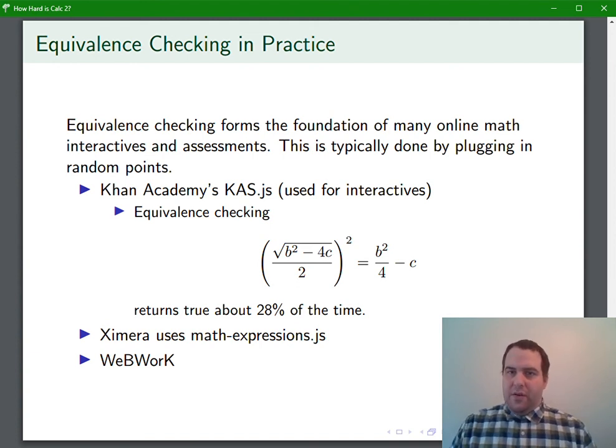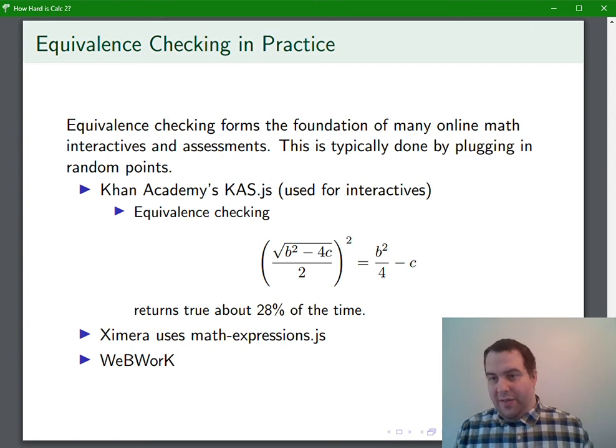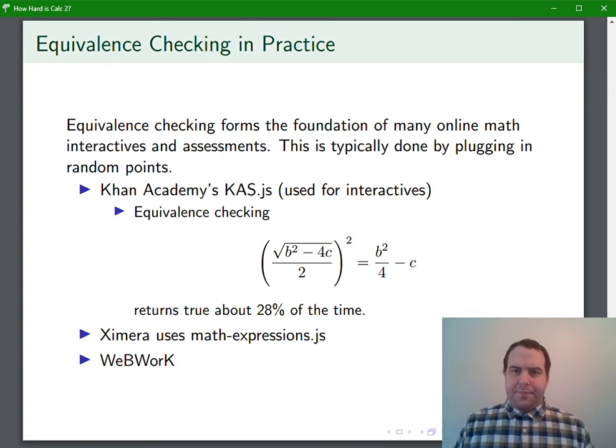Well, it turns out that equivalence checking in practice with these sorts of applications winds up working by plugging in random points. And of course, we only know how the non-proprietary homework systems work. Proprietary homework systems, we have no idea how they work, but they probably use the same algorithm in order to check equivalence of students' answers.